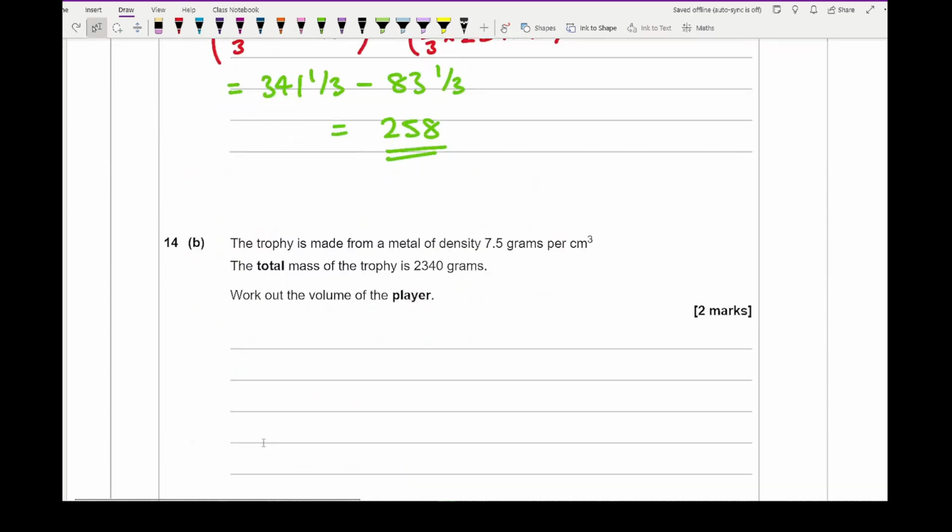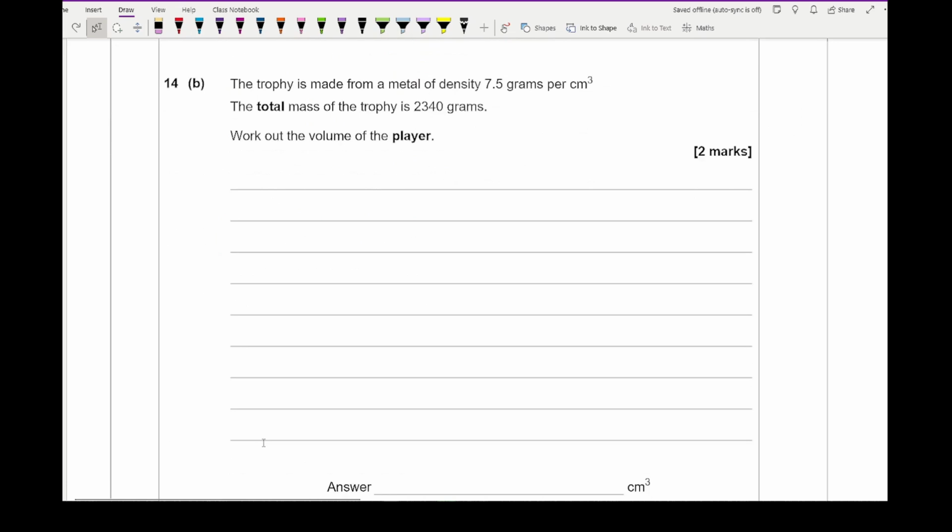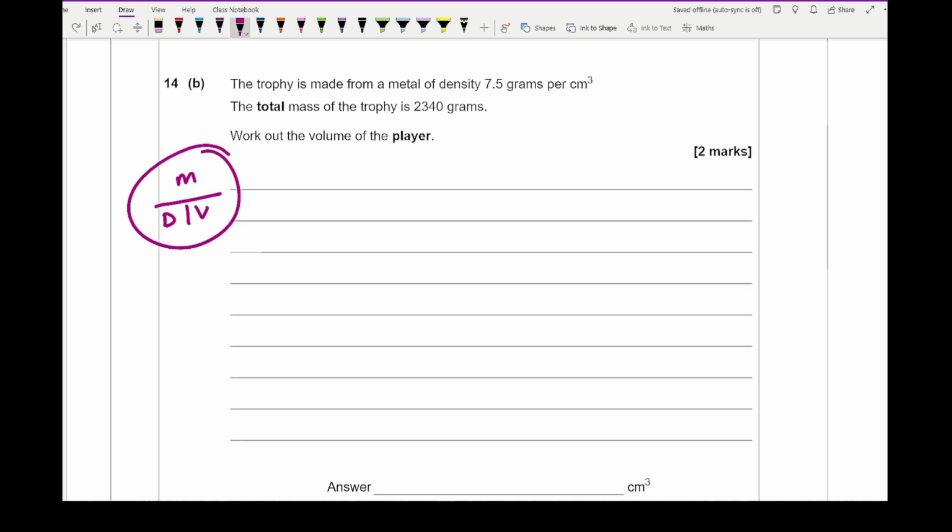Then for question 14b, it says the trophy is made from a metal of a density of 7.5 grams per cubic centimetre. The total mass of the trophy is 2,340 grams. Work out the volume of the player. So for this, we first of all establish our formula of density equals mass over volume, and this is the sort of triangle we're going to be using. So volume is equal to mass over density.